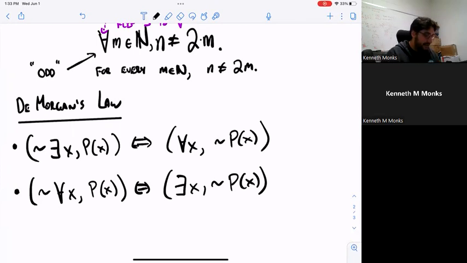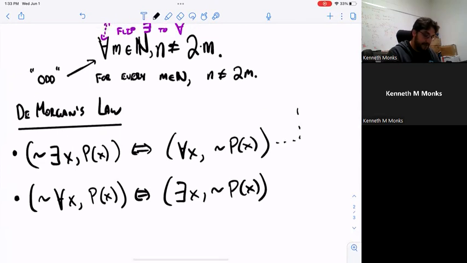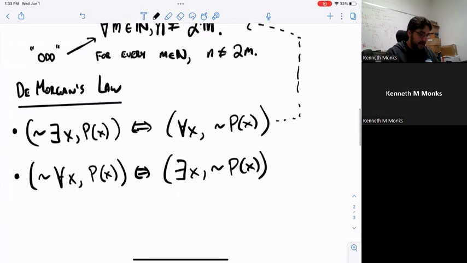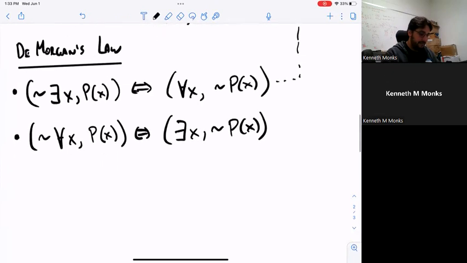So, we saw the first part of De Morgan's law. We saw this used up here, right? The second version you may have seen before, but maybe just slightly disguised. This is a property of logic that comes up very, very frequently in mathematics.